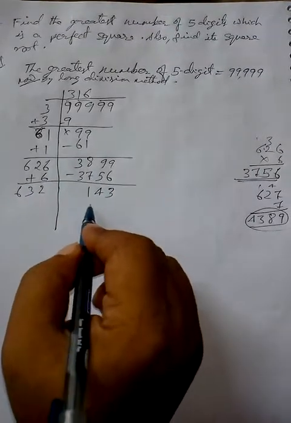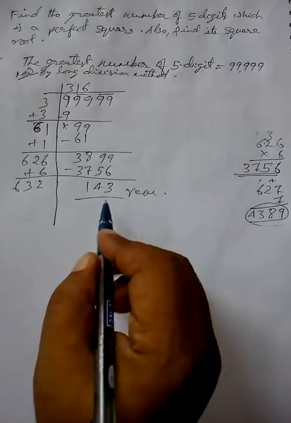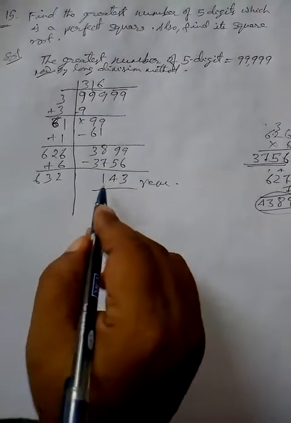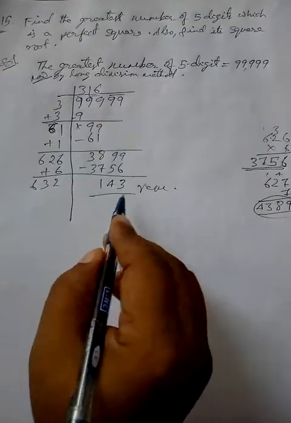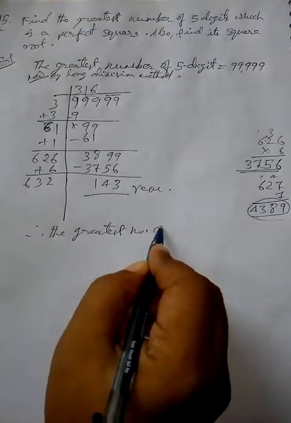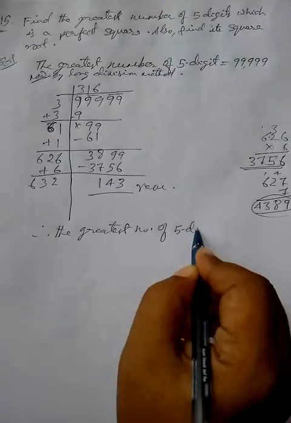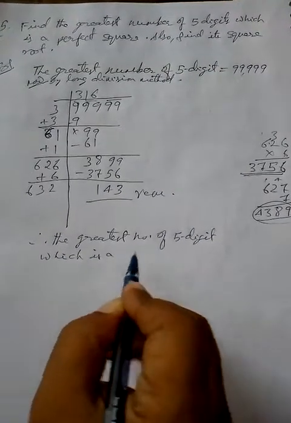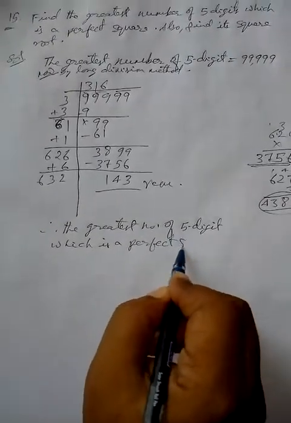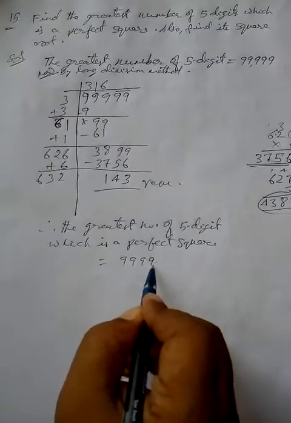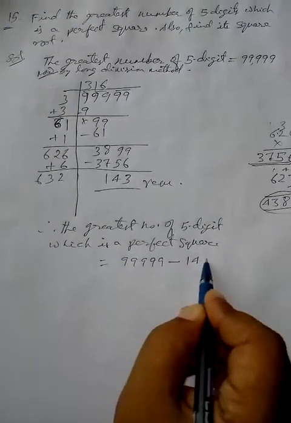This is the remainder. So to get the greatest 5 digit perfect square, we must subtract this remainder. Therefore the greatest number of 5 digits which is a perfect square is 99999 minus the remainder.